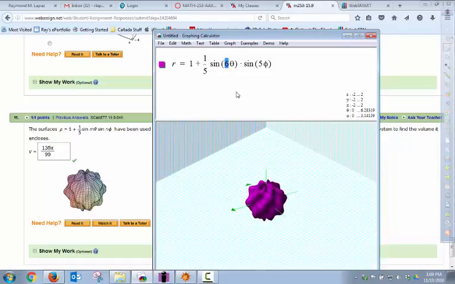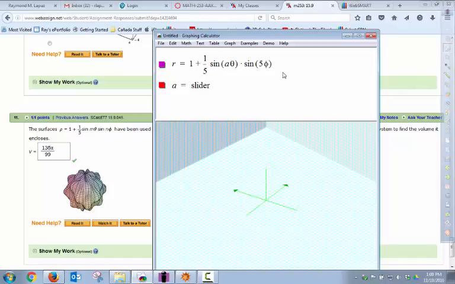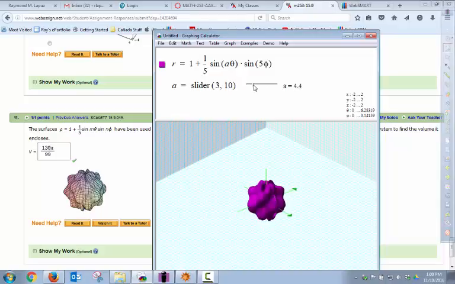What's cool about this is that these numbers are different parameters. So if you change them, it'll change the surface. Let's make this a slider from 3 to 10. Ready? Wait, stop spinning.